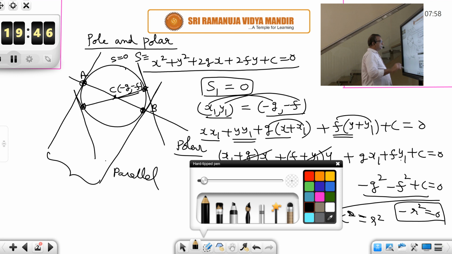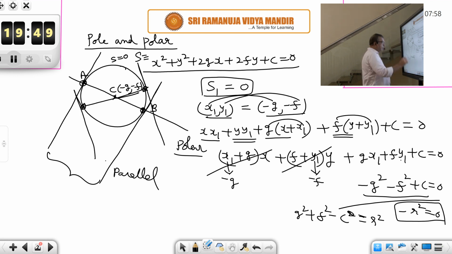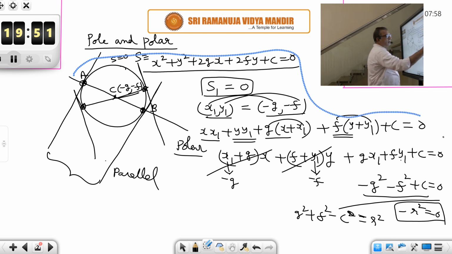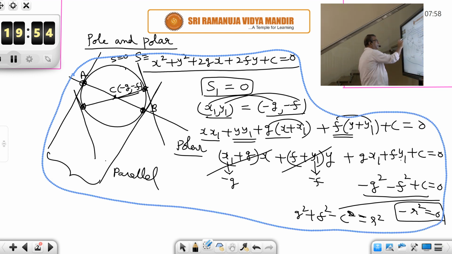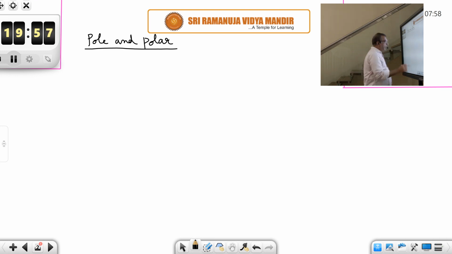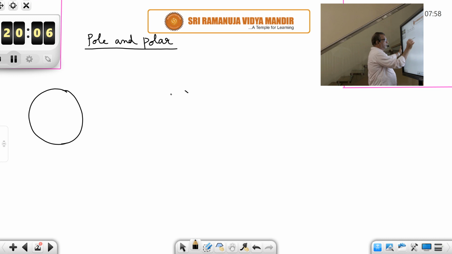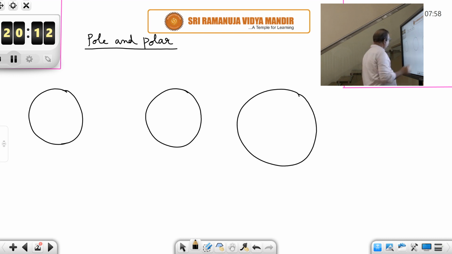Okay, let us see. All right. So again, coming to the gist of the discussion, three cases. Suppose the point is outside the circle.